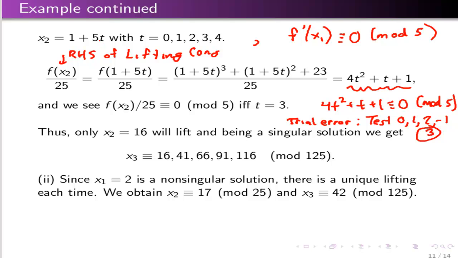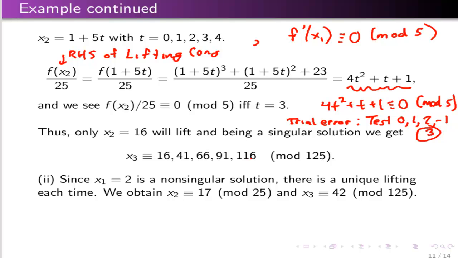When you plug in t equals 3, you get x2 is 16. Thus, only x2 equals 16 will permit a lifting, and both sides of the lifting congruence would be 0, so you get 5 distinct liftings. You take 16 and you add multiples of 25 to it, so 41, 66, 91, and 116, and those would be the distinct values mod 125.